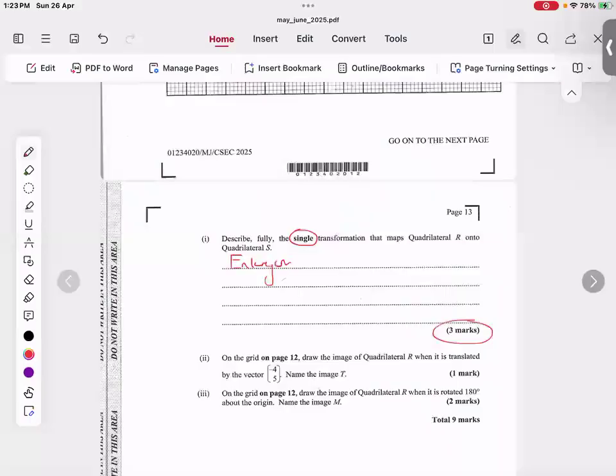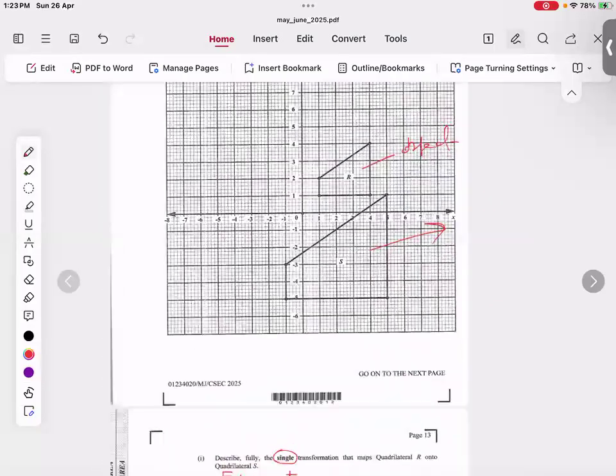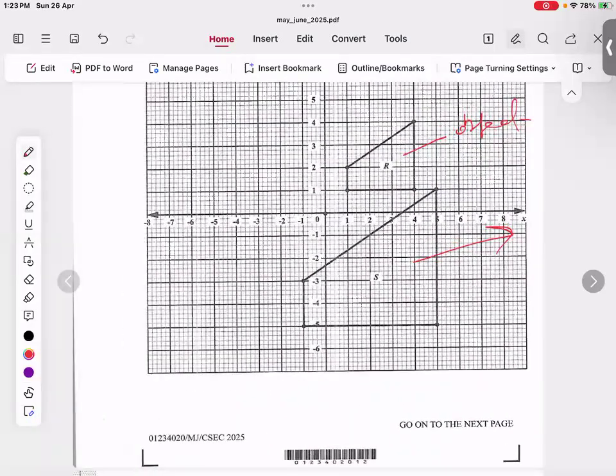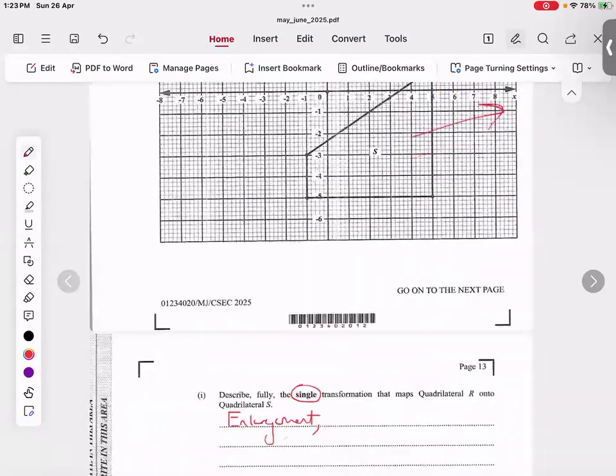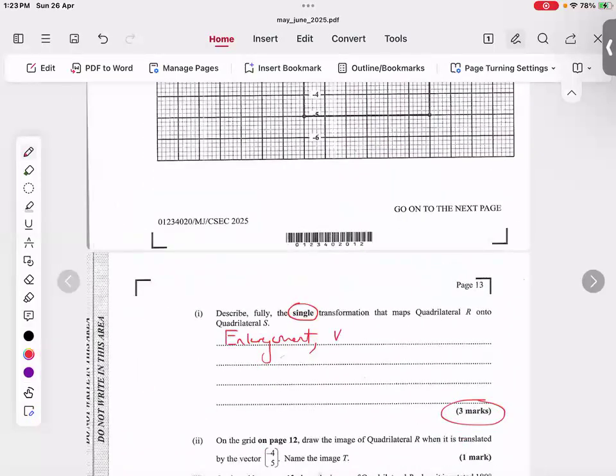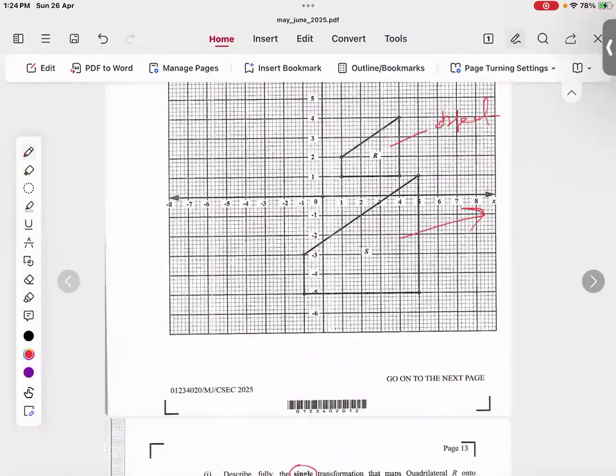Does anybody know what the two things we need are? That's one point. What else do we need? Scale factor, very good. So how do we get the scale factor? We compare side by side. To get the scale factor, we write k is equal to image over object. So you take a length on the image and divide it by the corresponding length on the object.